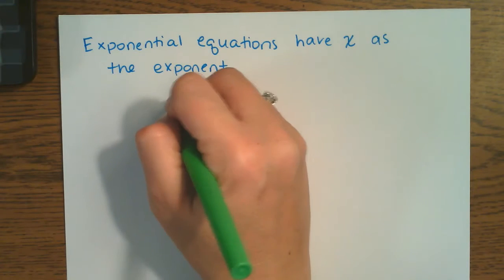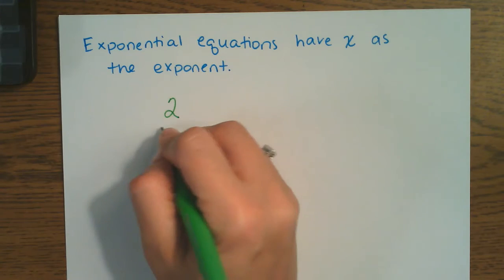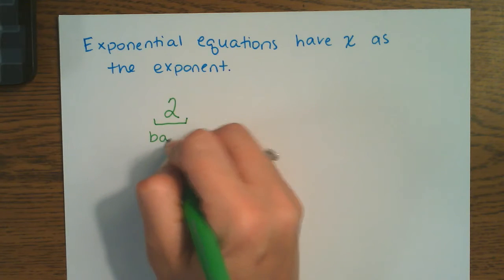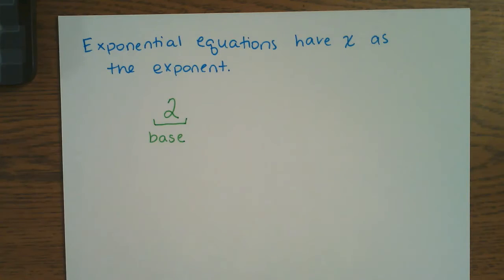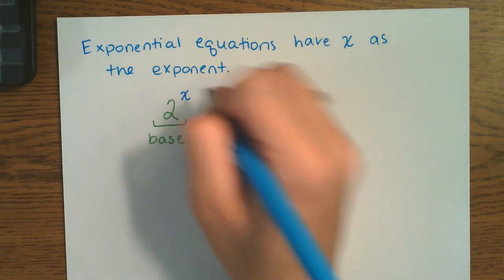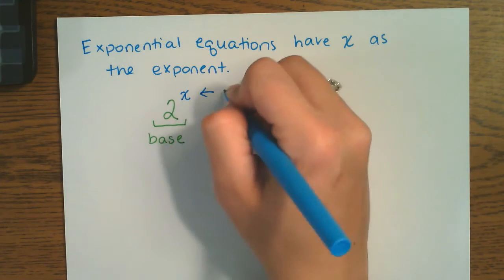All right, so what you'll see is that you'll have this big number, which we refer to as the base. And your variable will be up here in the exponent.